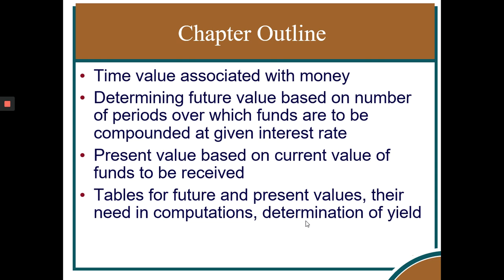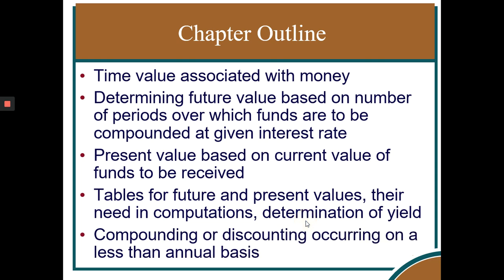Using the PV table, you can calculate most of the questions that involve time value of money, including net computations and determination of yield. Then there is compounding or discounting occurring on a less than annual basis, so we will find whether the compounding occurs on a yearly basis or less than a yearly basis.